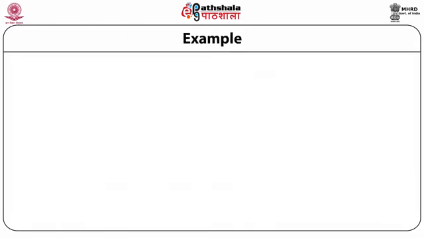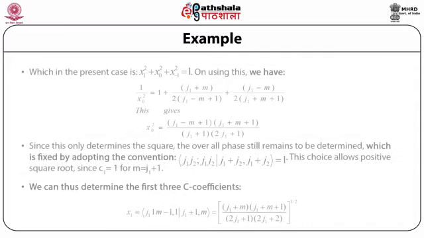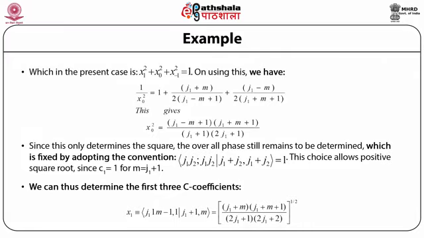Example. Now, if we use the orthogonality relation for the Clebsch-Gordon coefficients, which for the present case can be written as x1 square plus x0 square plus x minus 1 square is equal to 1, where the subscripts 1, 0 and minus 1 are the different values of m2 or mu.